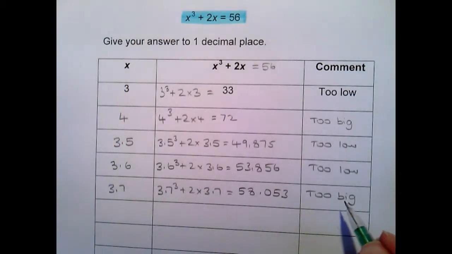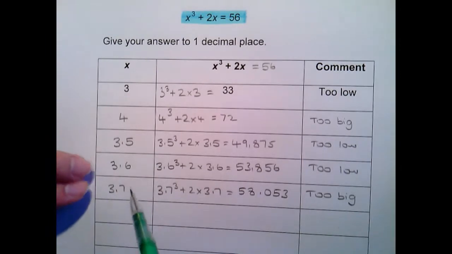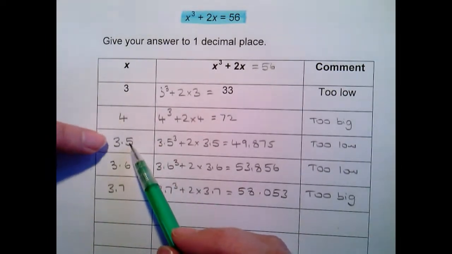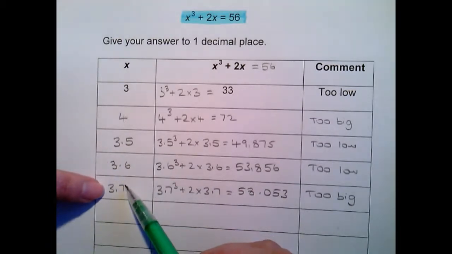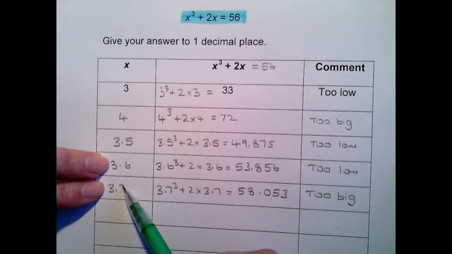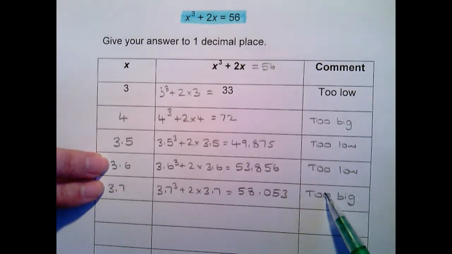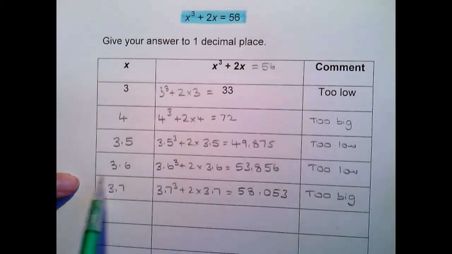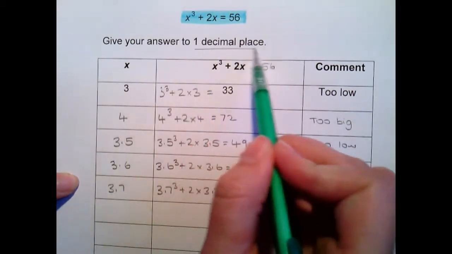Once you get to this point where you've tried your couple of whole numbers, you've gone halfway in between them, you've realised that you need to go up a wee bit bigger, and you've now got two numbers that you've tried with 1 decimal place, one's too small and one's too big, you know that your answer is actually going to be somewhere in between them. But they don't want to know exactly what the answer is, they just want your answer to 1 decimal place.